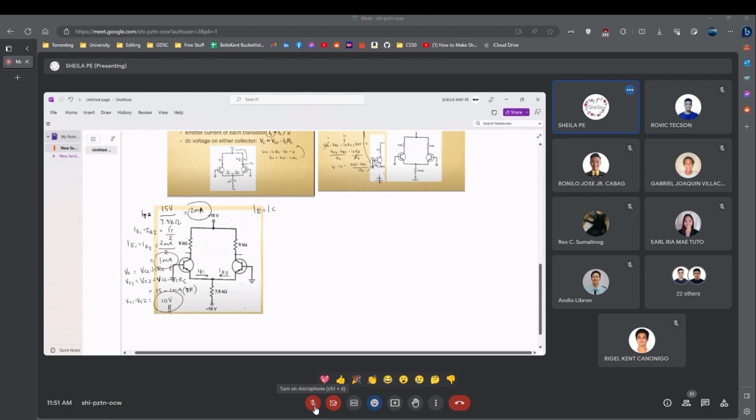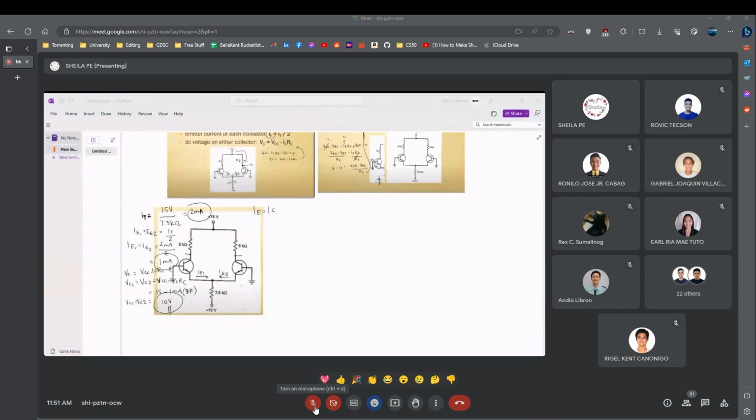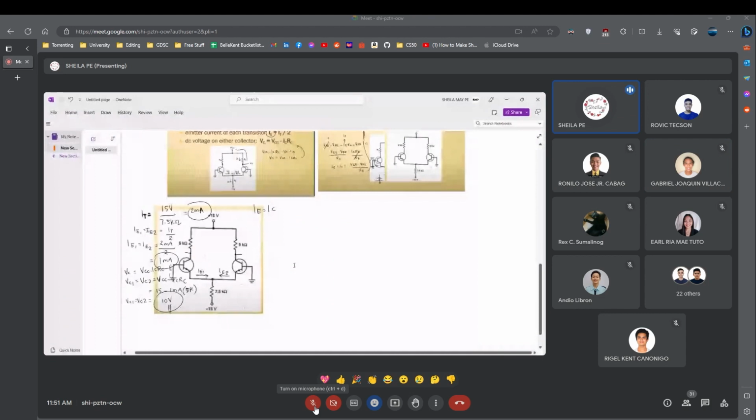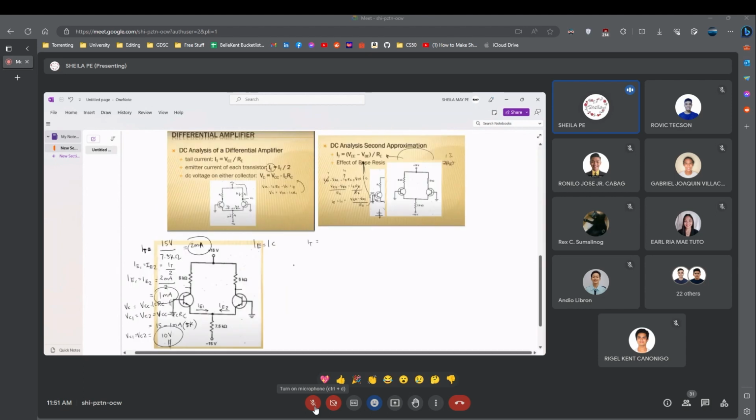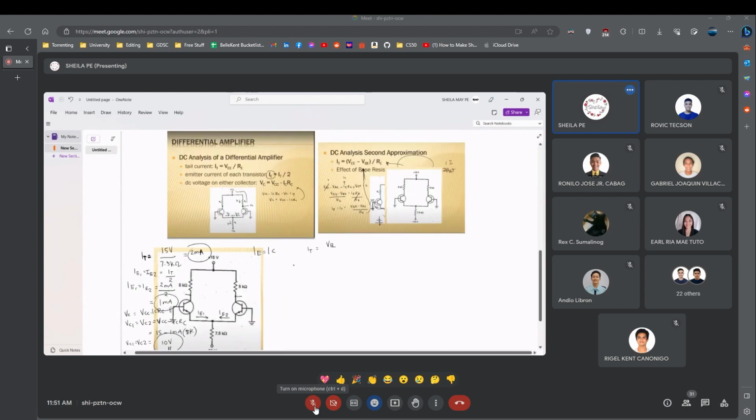Follow? Yes, miss. Okay, now going to the second approximation. The second approximation is the real one, where the diode is treated as a switch with a voltage. So IT is VEE minus VBE divided by RE.